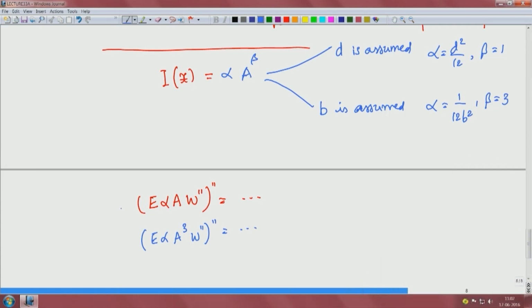So, expanding this will be much easier than expanding this and doing the calculation. Now, you see A cube is there, beta equal to 3, it will become a lot more terms, but that can be done. If you go to Mathematica, you can do it by hand as well.